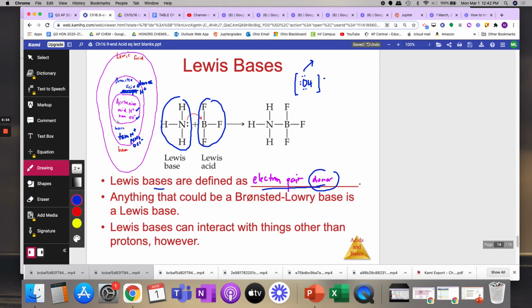Okay? Now the Lewis acids focus on electron pairs. Lewis acid accepts electrons. So an example of a Lewis acid is H+. That accepts electrons. It's also a Bronsted acid. It's also an Arrhenius acid. But now you have more acids. BF3 can also be an acid. It's a Lewis acid. CO2 is also a Lewis acid.